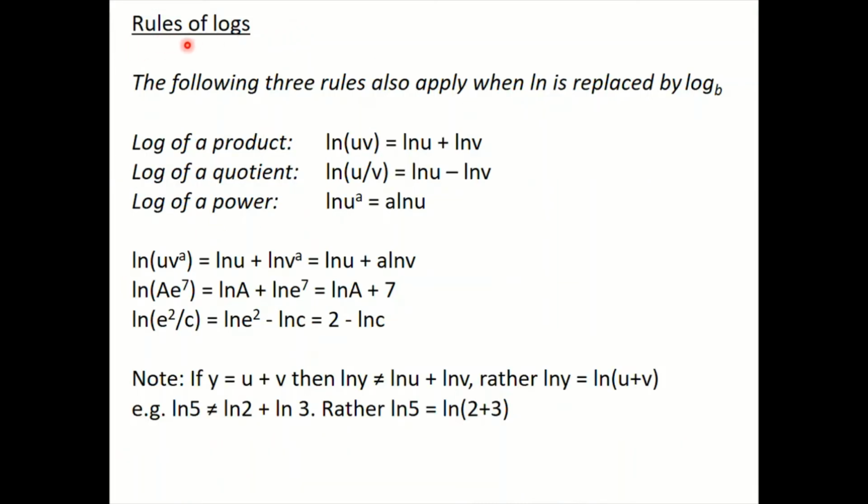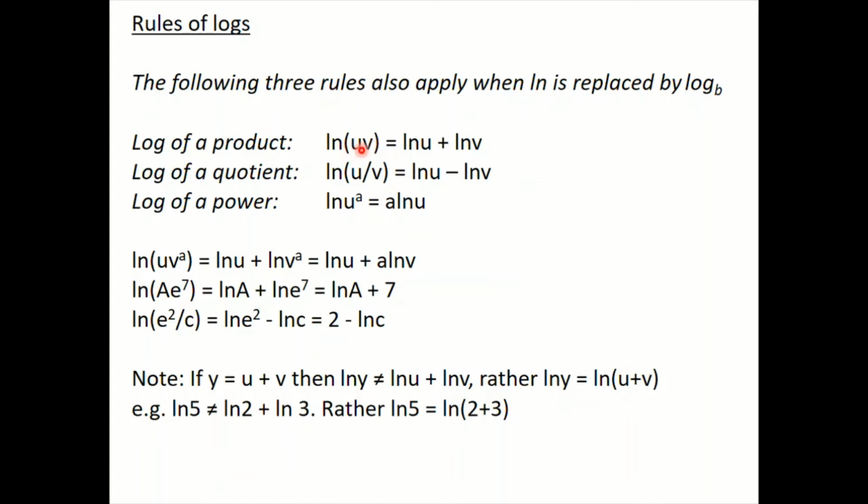Looking now at some rules of logs, we look at these three here: log of a product, log of a quotient, and log of a power. And we've expressed them using natural logs, but they also apply when we have a log to some other base, for example, b. So if we have the log of a product, here we've got the natural log of u times v.